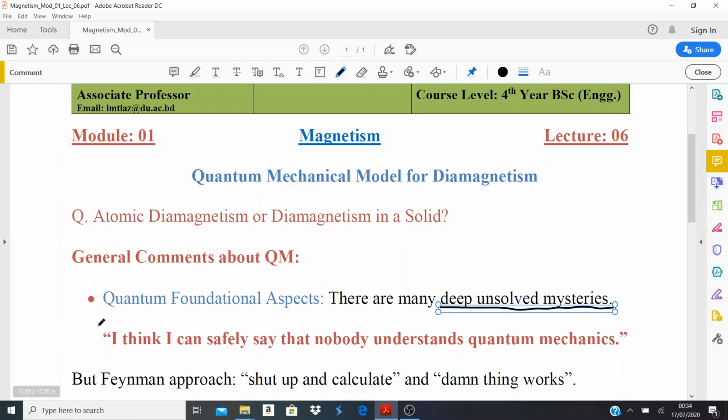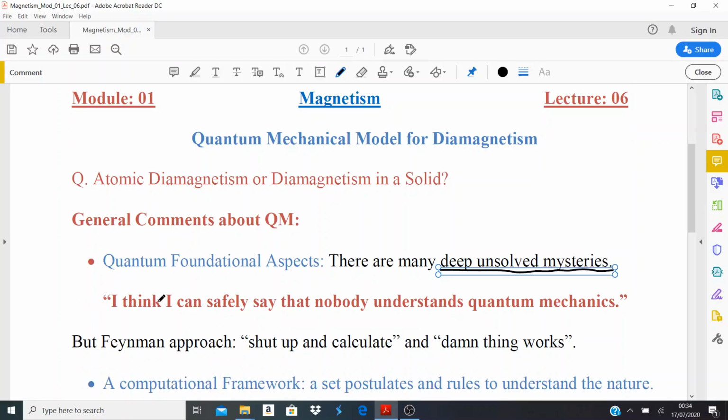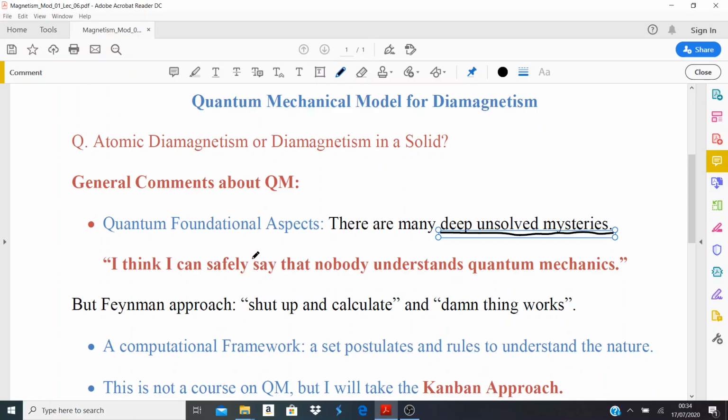I want to quote here a very famous physicist, Richard Feynman. He says, "I think I can safely say that nobody understands quantum mechanics." He really was referring to these deep unsolved mysteries. But his approach was: shut up and calculate.